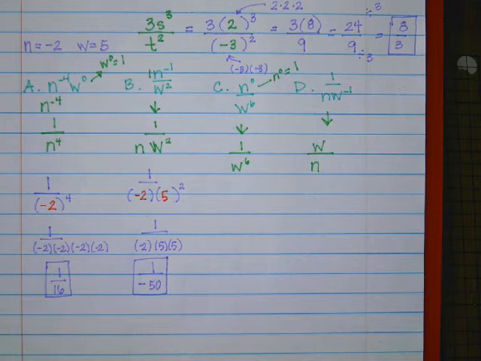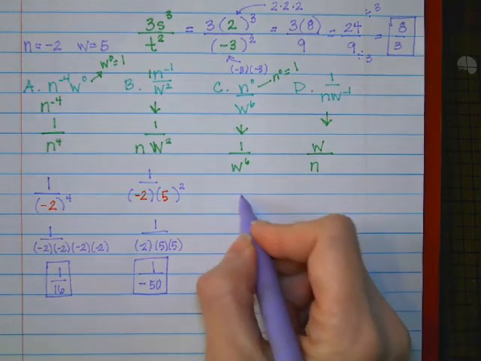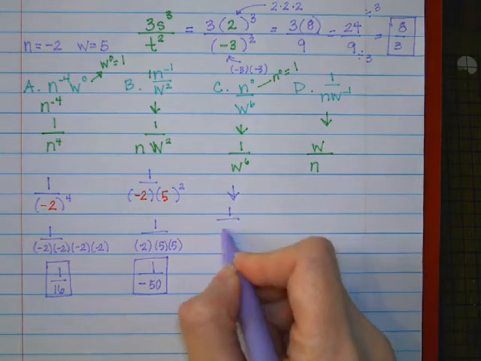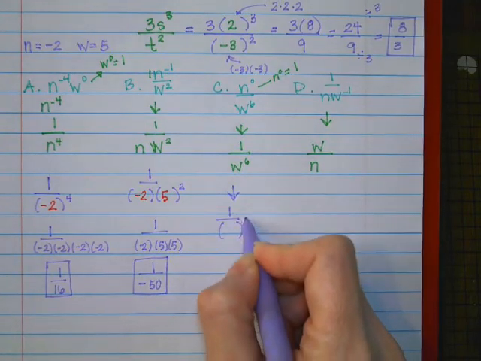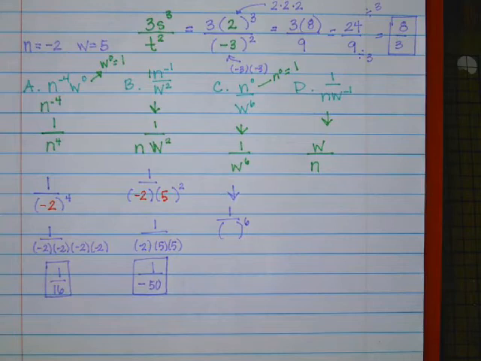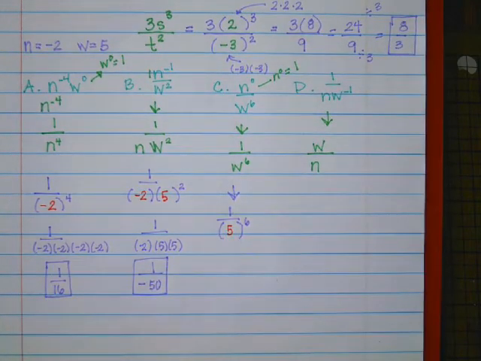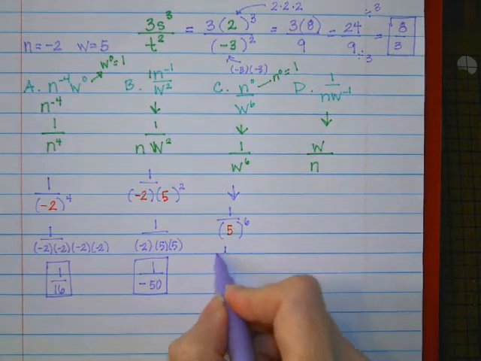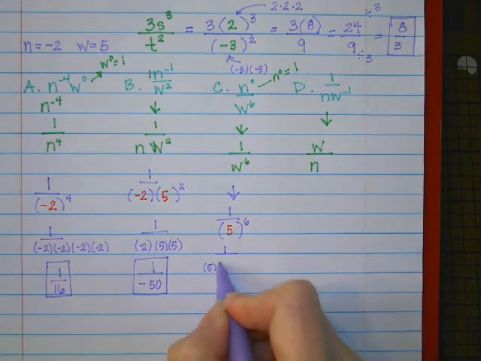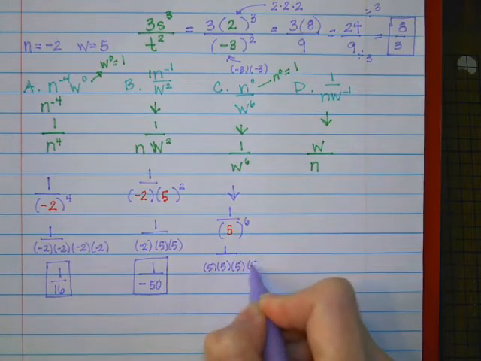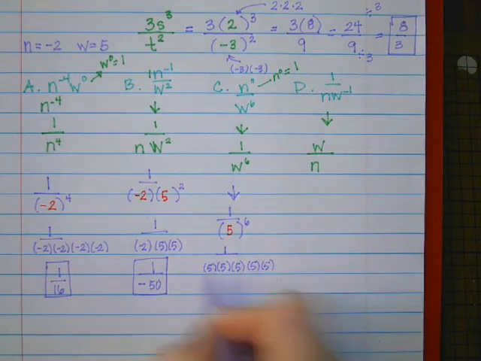All right, so we're going to go ahead and move to the next one. I'm going to bring this down. We've got 1 over, we're going to take our w value and raise it to the 6th power. So our w value is equal to 5. So what this literally means is 1 over 5 times 5 times 5 times 5 times 5 times 5.